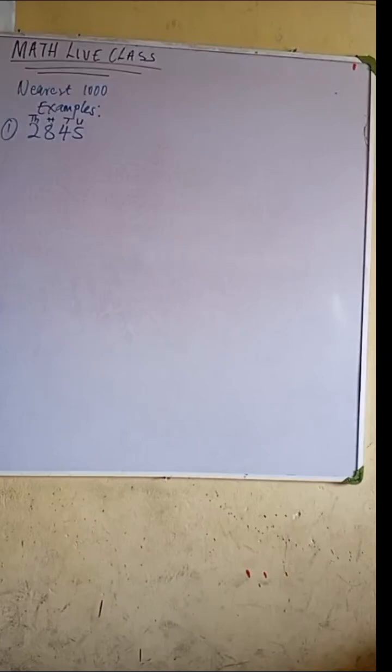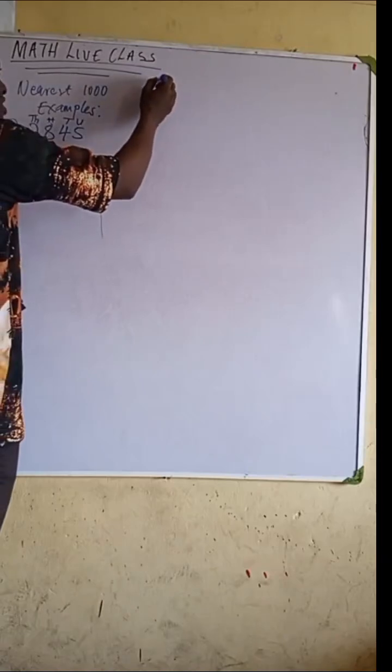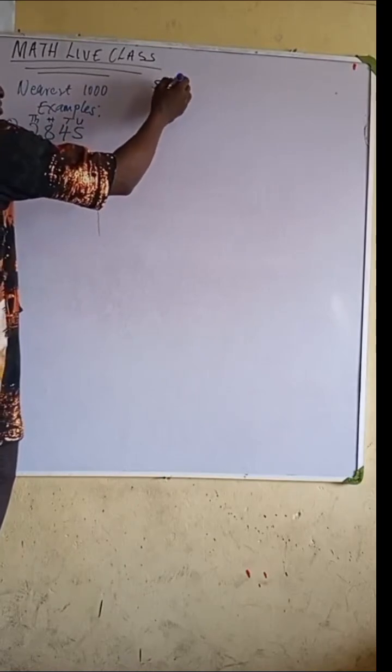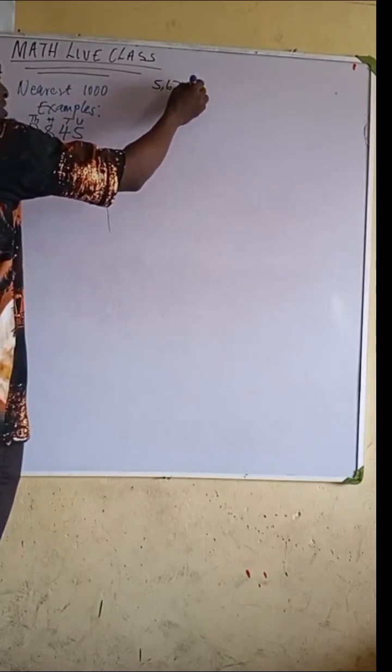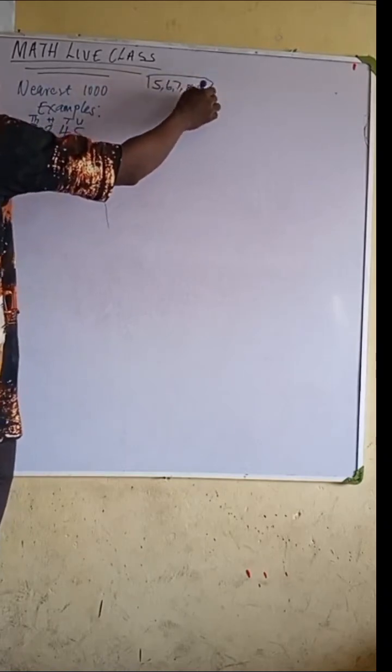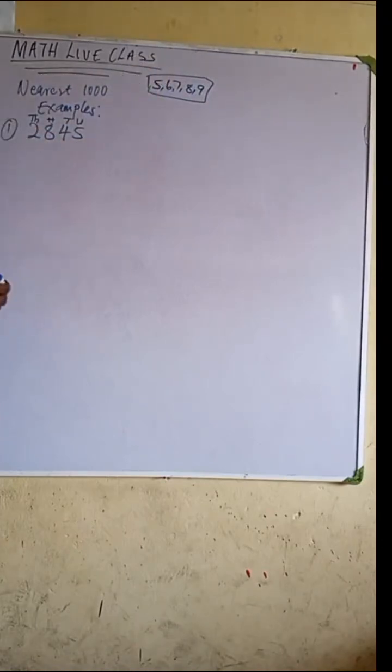If the number is equal to 5 or greater than 5, these are numbers 5, 6, 7, 8, and 9, that means you are going to round up that number to 1 and add to the next digit.